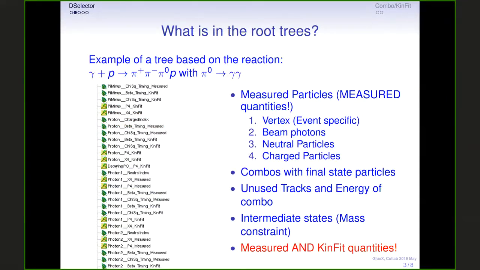I may address that question later. If you plot decaying pi-zero mass, it will be a delta function. If you take the two photons, photon 1 and photon 2, kin fit, and you plot the invariant mass of the sum, you will also get a delta function because it's the same thing as the decaying pi-zero.